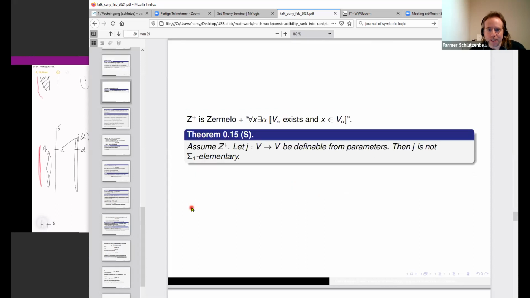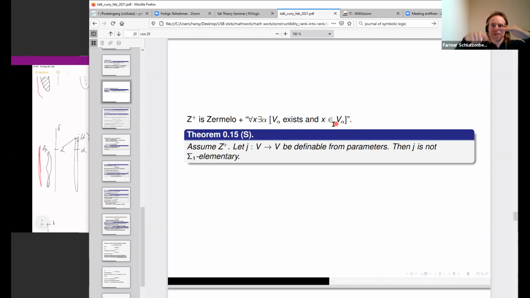Also, the limit case theorem can be executed a little more carefully. I've been working with a rank segment of V, and ZF as the background theory. But instead you can replace that with the natural theory of limit rank segments, which is Z plus. So Z plus is Zermelo plus this statement that for every set X, there is a V alpha such that X gets into there.